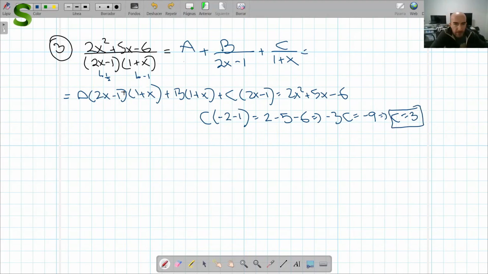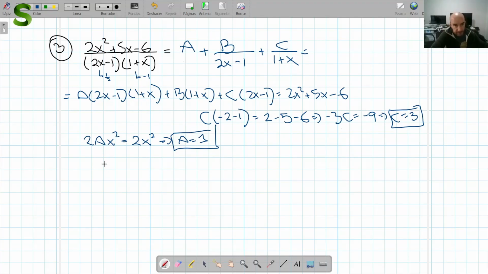Well, we can multiply these ones to find the factor in x squared. So the only factor in x squared is going to be 2ax squared. So that has to be equal to 2x squared. So a equals 1.